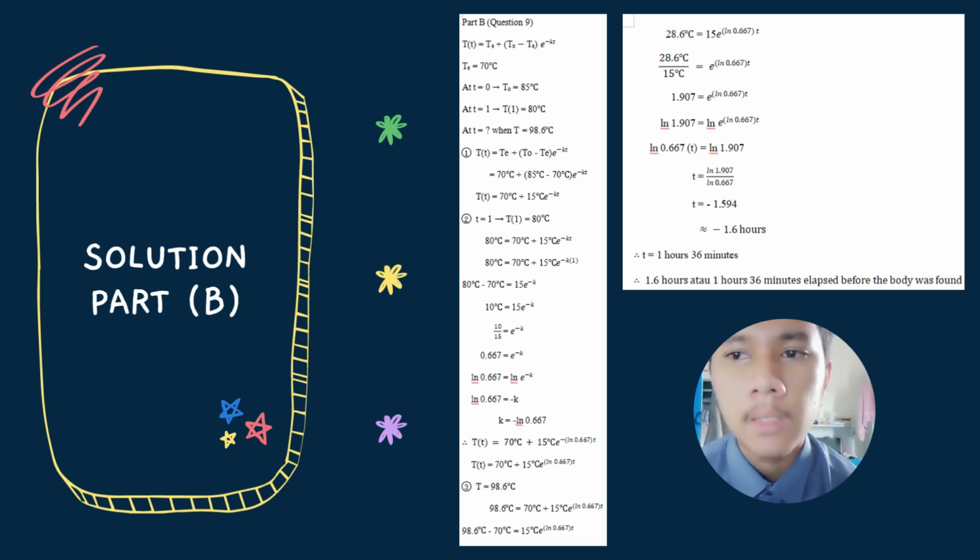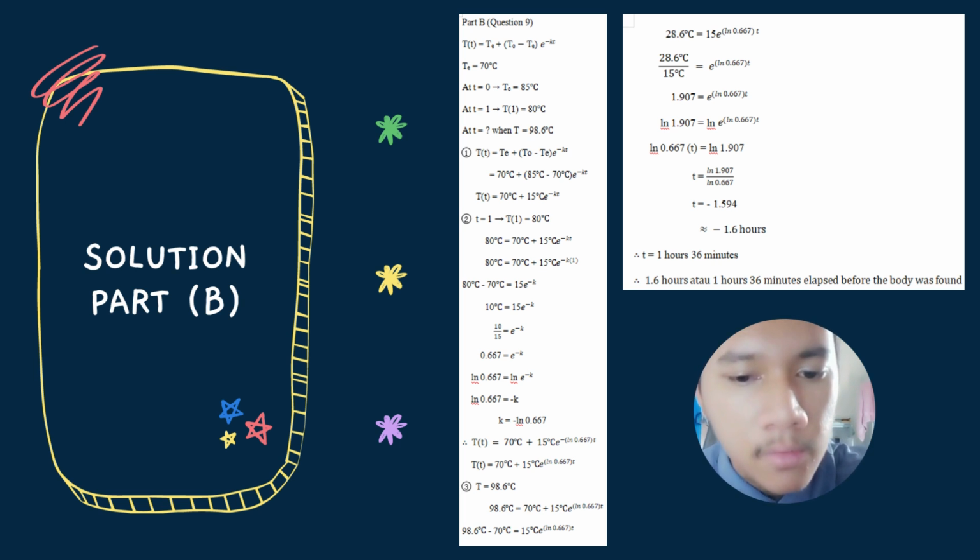So the time equals 1 hour and 36 minutes, or 1.6 hours elapsed before the body was found. So that is the final answer of question 9 part B. That's all for me. Thank you.